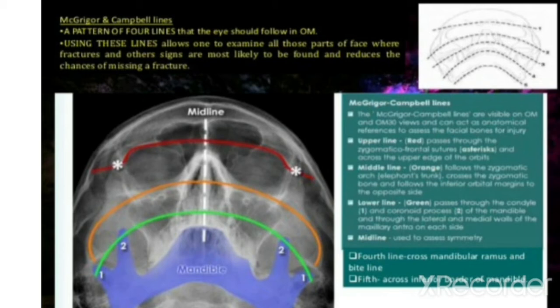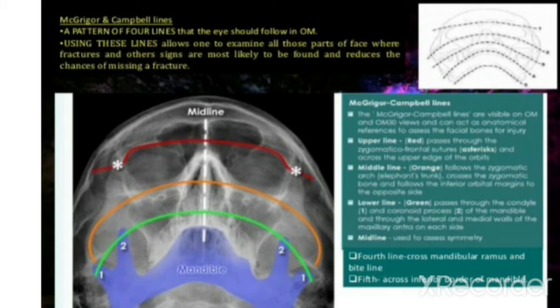that is elephant's trunk, right, crosses the zygomatic bone and follows the inferior orbital margins to the opposite side.